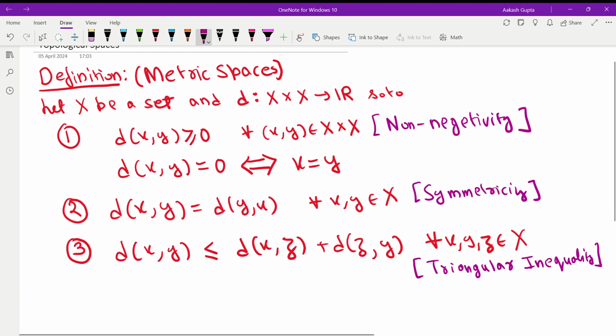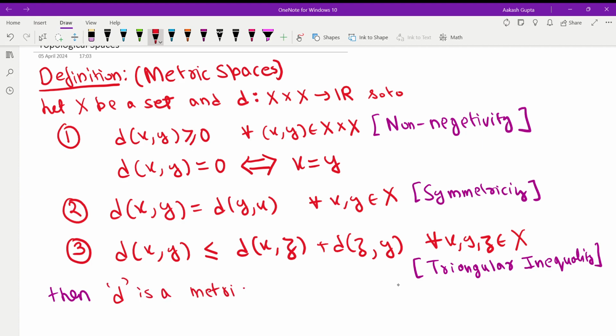Now, if your d has these properties, then d is a metric. Some people also just call it distance, because these things are motivated from the usual physical distance.